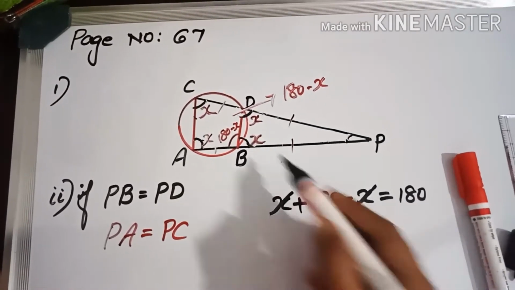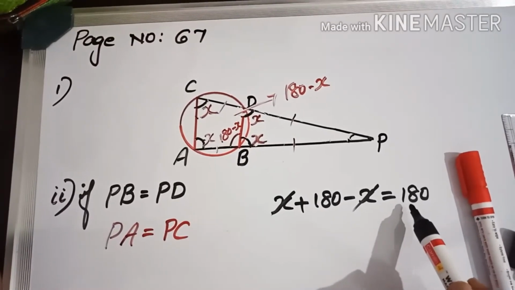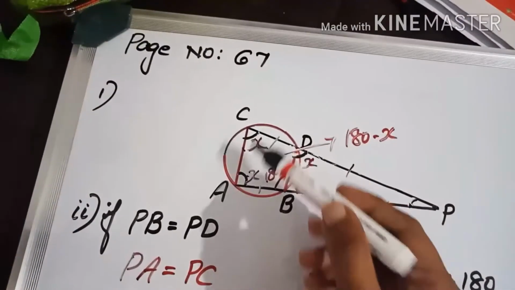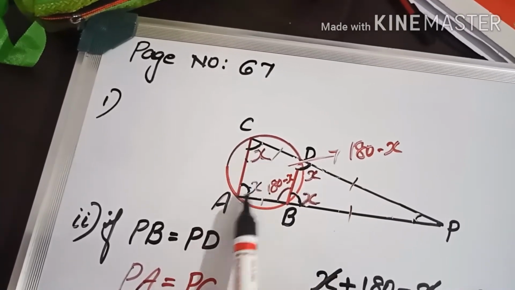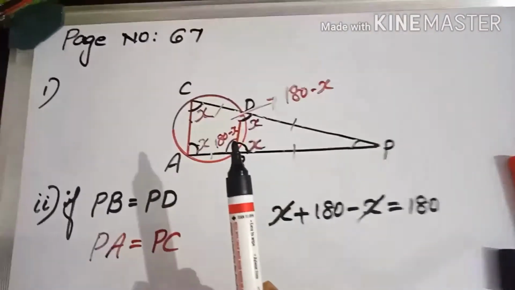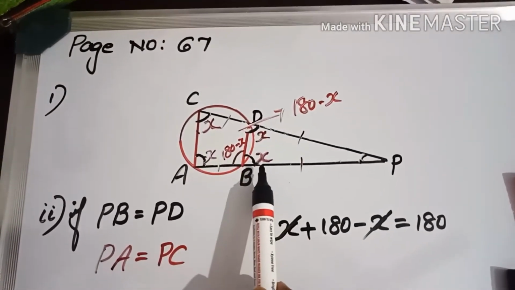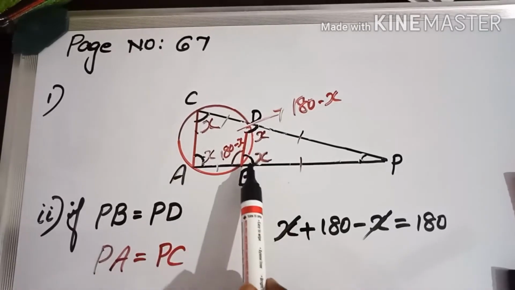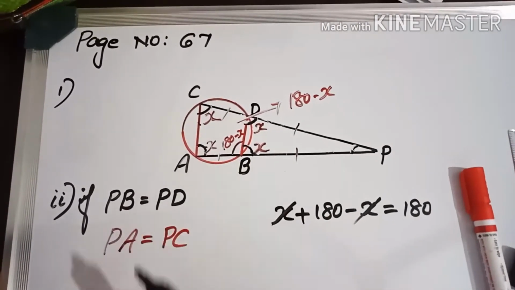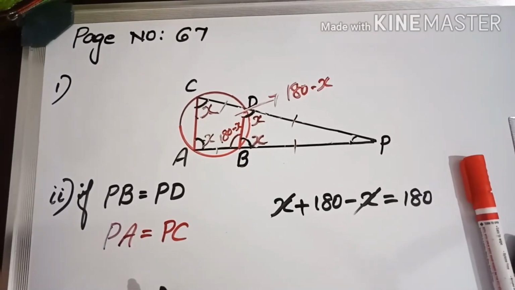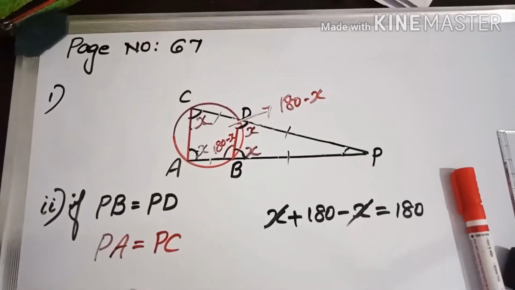So the sum of angles on these two sides is 180 degrees. Since these angles are equal, we can say that CA and DB are parallel also. That means this is an isosceles trapezium. This is the third sub question's proof.